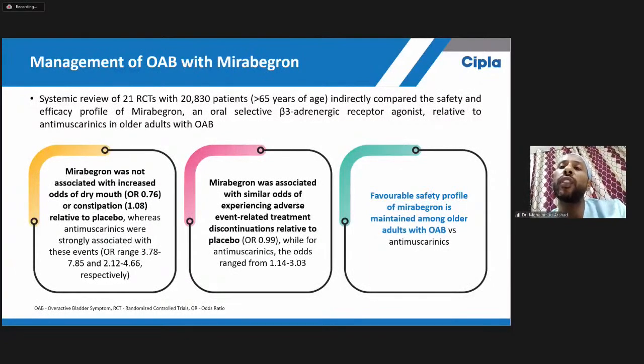The overall quality of life was almost equal in patients taking anticholinergics or Mirabegron. But Mirabegron is contraindicated in hypertensive patients with uncontrolled hypertension, so it should be avoided in them. Overall, the safety of Mirabegron is very good compared to the anticholinergics, and many urologists today are promoting Mirabegron as a first-line treatment instead of anticholinergic drugs.